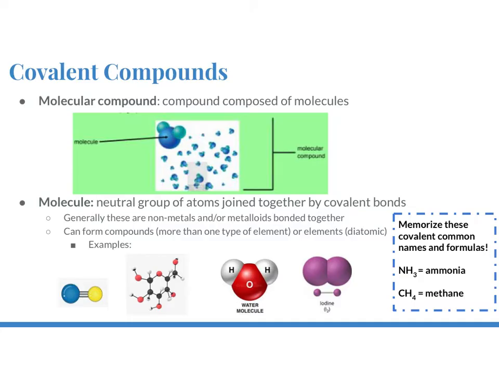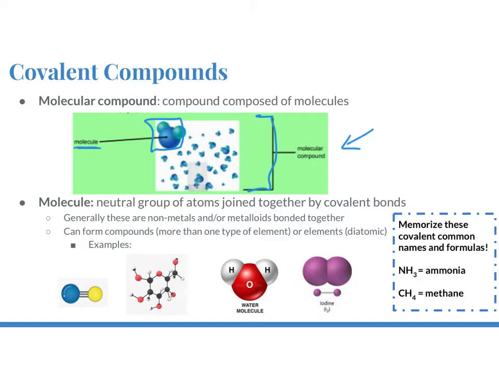If I look at this picture here, I see a molecule being pointed at, and then this whole thing is being referred to as the molecular compound. You can guess what a molecule is compared to the molecular compound just by looking at this picture. The compound is obviously made up of more than one molecule. It's going to be several molecules together, and that's going to be our molecular compound.